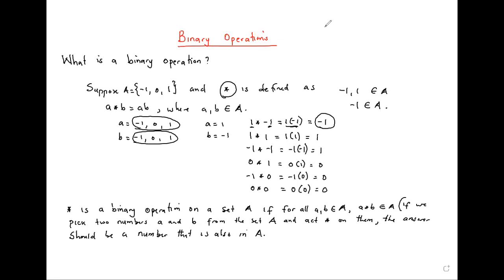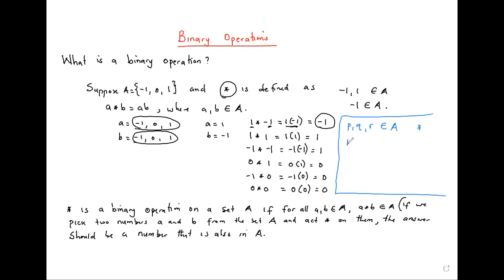So, if you are to call something a binary operation, if we give you two numbers P, Q, R, these are elements of the set A. Then you get star from somewhere.